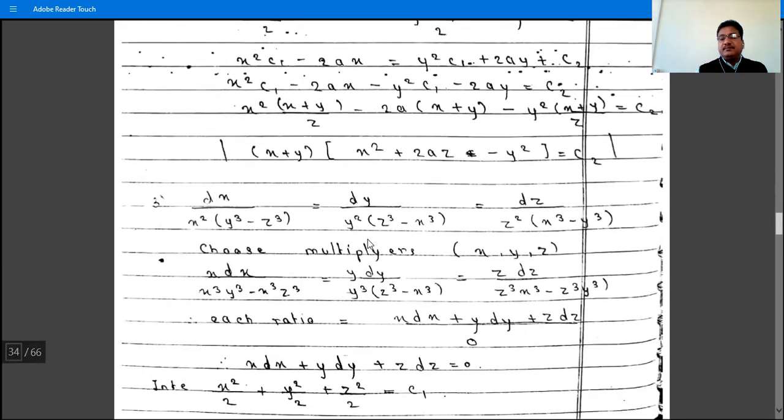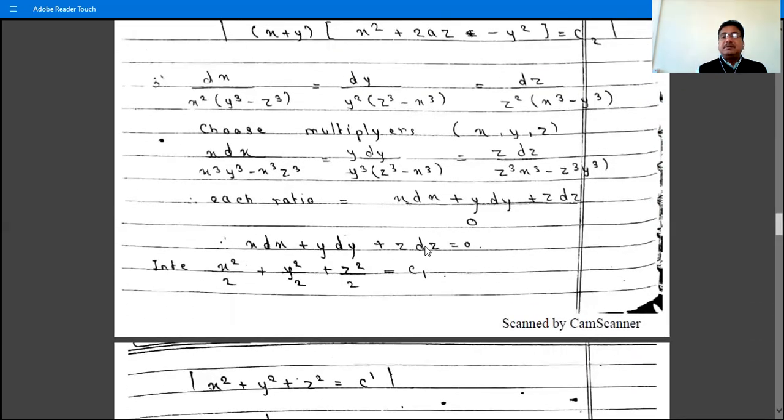Example number 3. That is, choose multipliers 1, x, y, z for this example. We have the answer, denominator is 0.